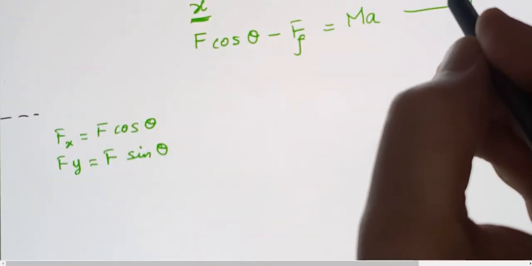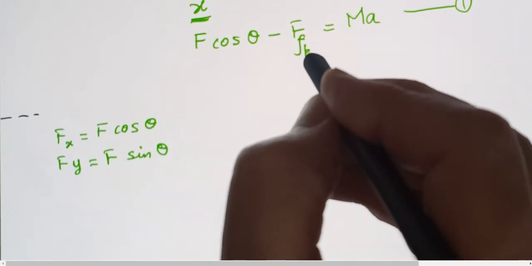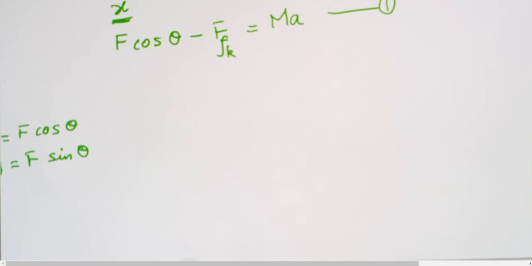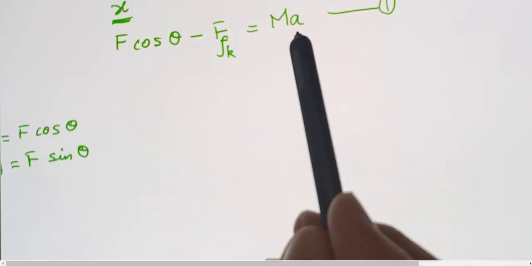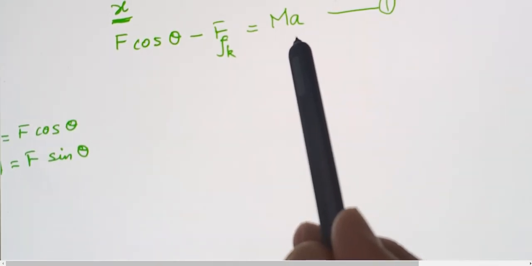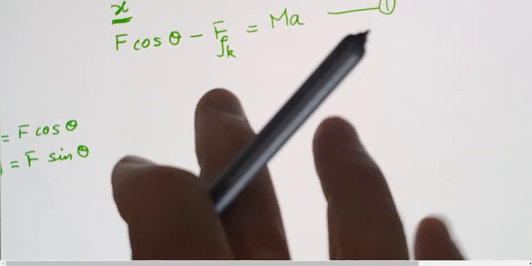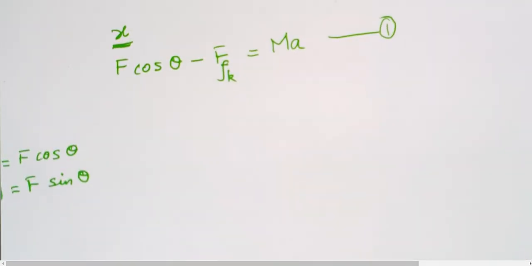That's equation 1, and this is kinetic force. How did I know it's kinetic force? Because we have acceleration. That means the object is moving. That's the first equation.